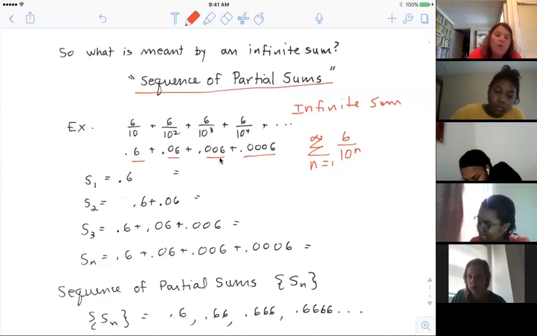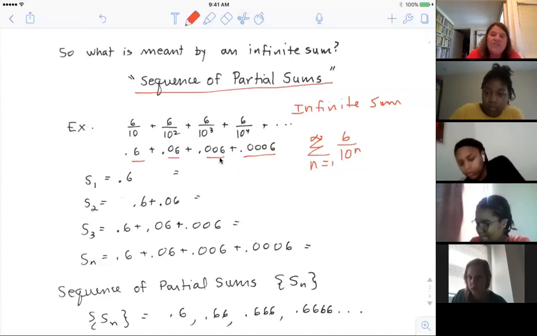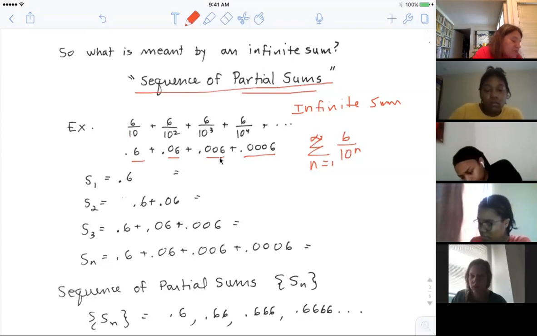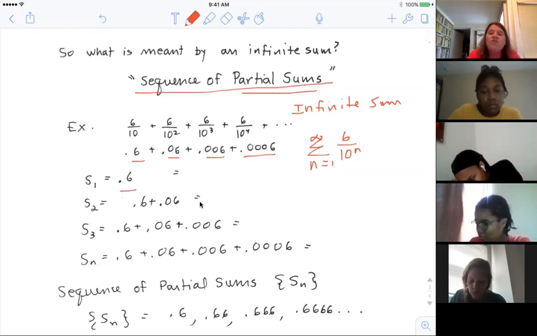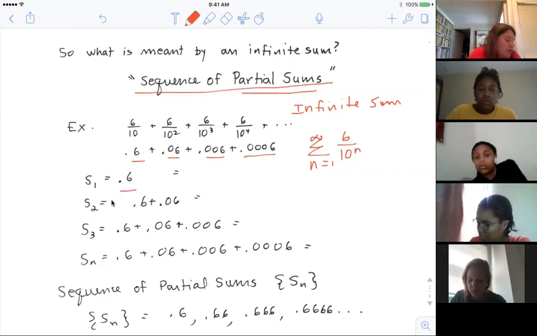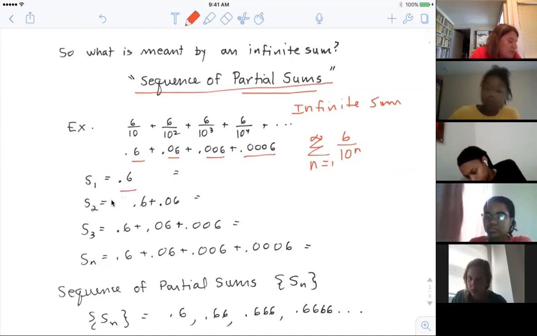S1 is the first one of these. The important thing here is the word partial. If I let n be 1, I get 0.6. What S2 says to do is go 2 terms down in the series. So that would be 6 over 10 to the first plus 6 over 10 squared. So that's S2.